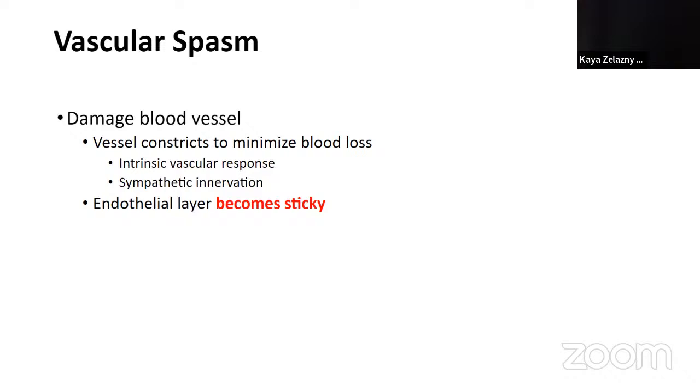So thinking back to the other topics we've talked about, why would this vascular spasm minimize blood loss? It reduces flow. How does it reduce the flow? Which physical property are we interested in here?